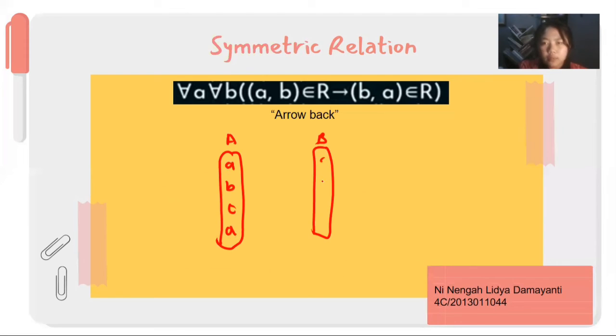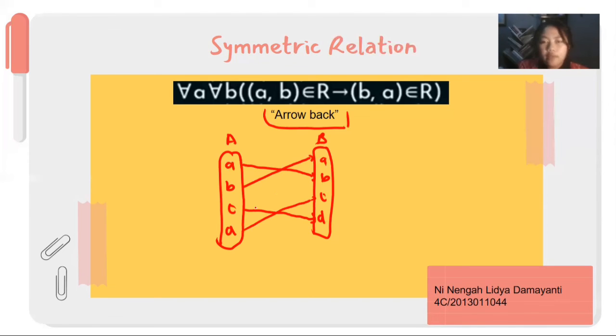For this kind of relation, if we have an arrow from a to b, we must have an arrow from b to a. That's why this kind of relation is called arrow back. Another example, if we have an arrow from c to d, we must have an arrow from d to c. Now this is called symmetric.